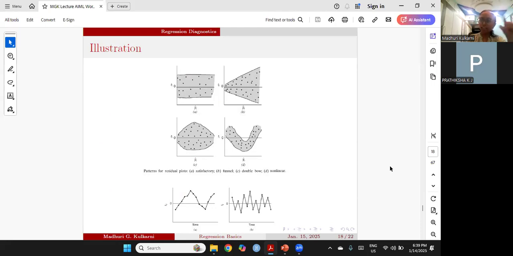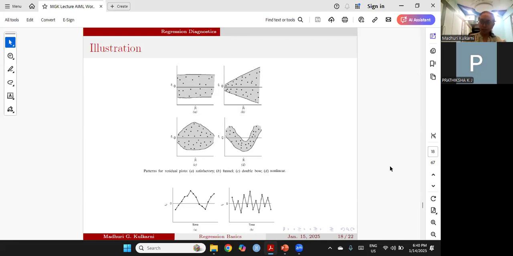The residuals are readily available when you fit a regression model in R or any package. They are automatically calculated and one can access them. If we have time, I'll definitely show you how to do it in R also. So normality of residuals would establish normality of errors.